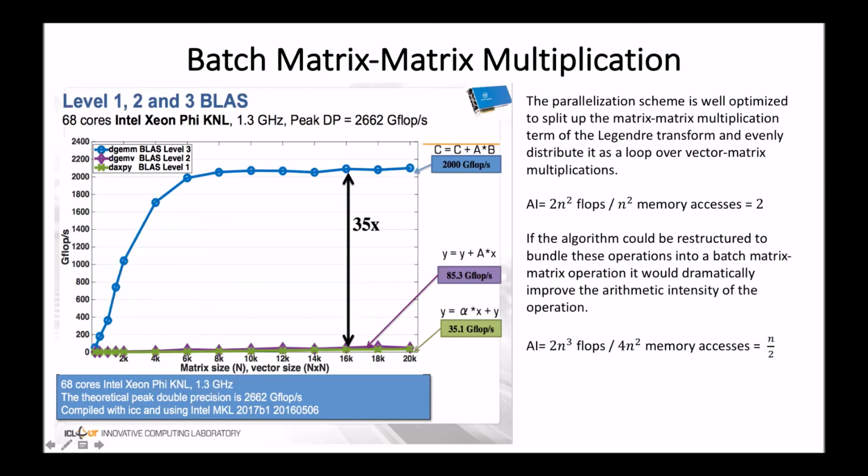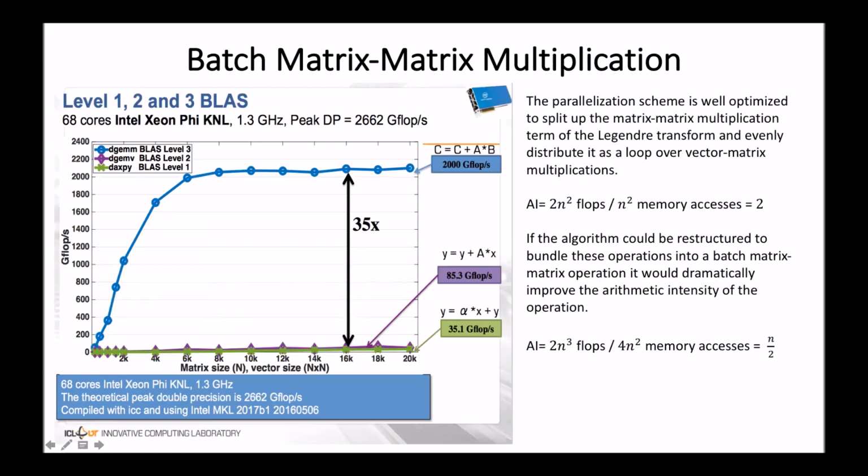Got one question for chat here. What do you mean by batch matrix multiply? So the initial formulation of the Legendre transform involves a matrix multiplication. And what was done in this code to parallelize it was to split this up and sum over a bunch of vector matrix multiplications.